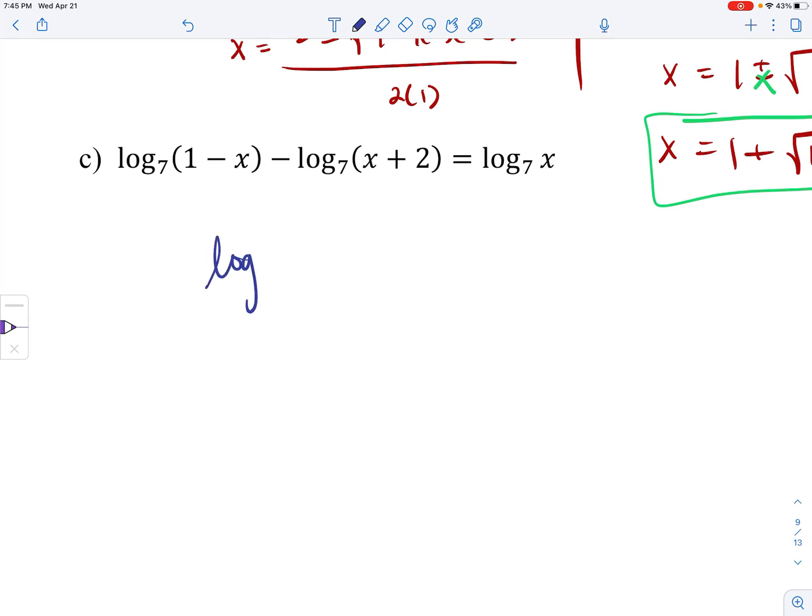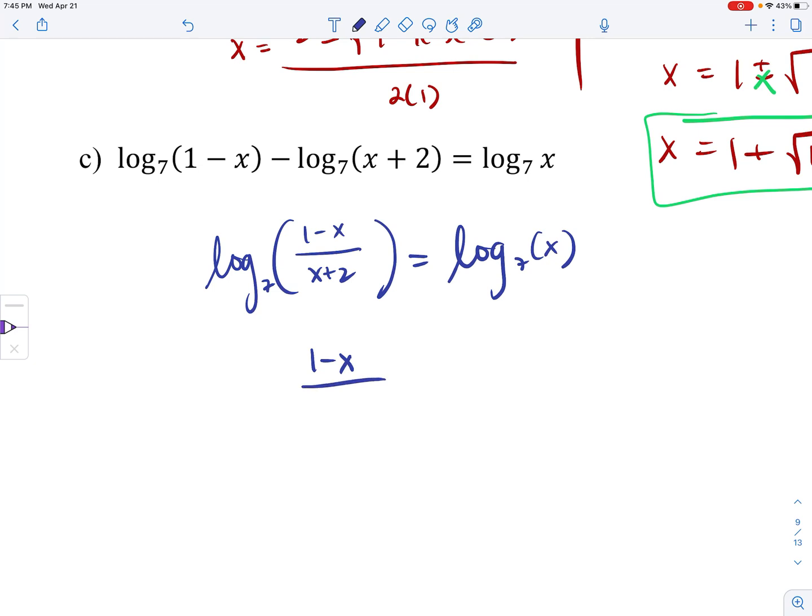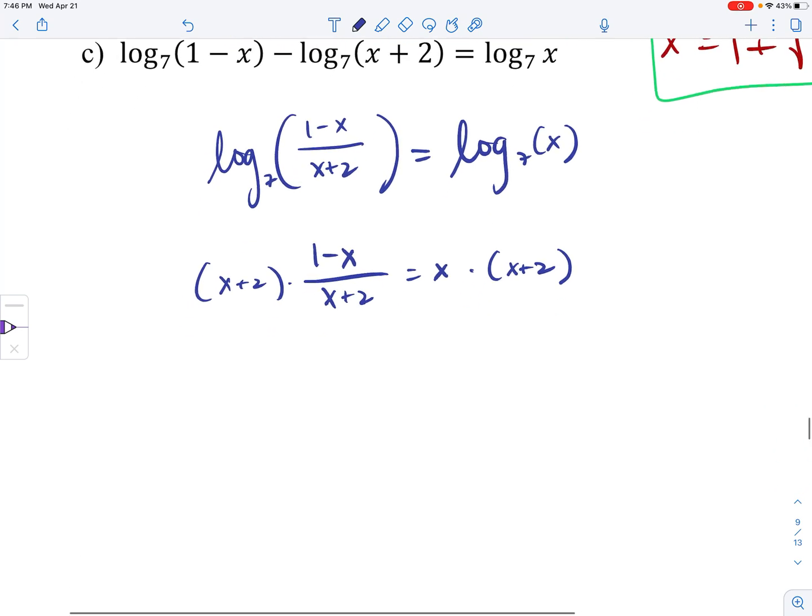I'm going to leave it as is and rewrite this as log base 7 of 1 minus x over x plus 2 equals log base 7 of x, which now by the 1-to-1 property, we can drop the log base 7. And then to get the x plus 2 out of the denominator, we have to multiply by x plus 2 on each side of the equation. Take note of domain restrictions, although we'll just check at the end.